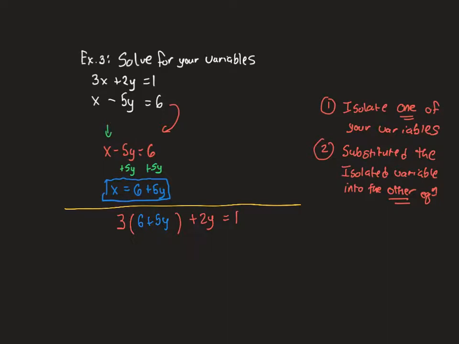So now, once again, Pokemon Go, gotta catch them all. Okay, so 3 times 6, you've got 18. Plus 3 times 5, you got 15y plus 2y is equal to 1. And what do you notice happened here when we did this? There is no x here.